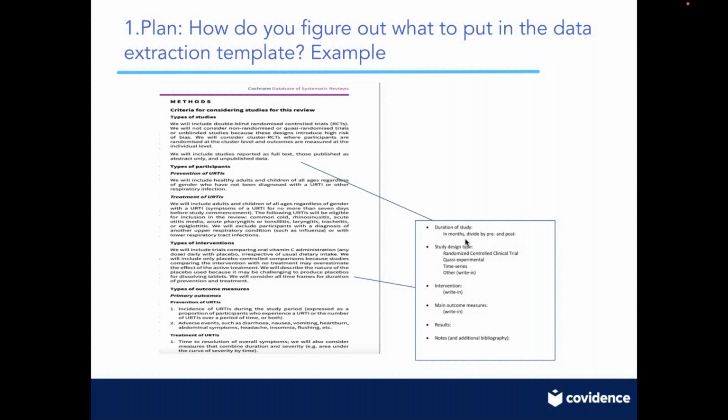Our data extraction template will really need to be built to reflect that we will be able to extract the data of the methods, for which we might require information on the study design, the total duration of the study, number of study centers, location, and so on, and also the participants, and that could be the number of participants randomized, general characteristics like their age, gender, race, ethnicity.